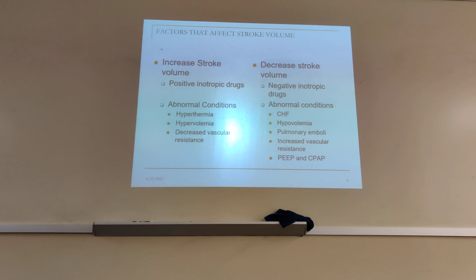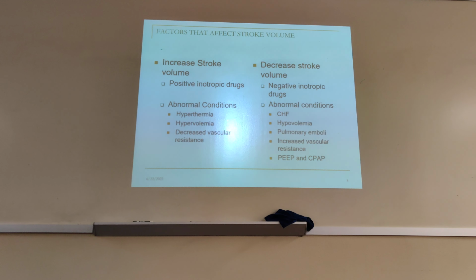Okay, factors that affect stroke volume. The amount of blood pumped out in one beat. Positive inotropic agents, like digoxin, will increase the amount of volume pumped out per beat. Abnormal conditions that will cause it to increase: hyperthermia, like when you have infection, your cardiac output is supposed to increase with infection, therefore your stroke volume can increase as well.